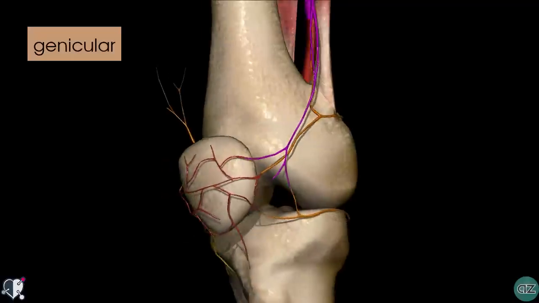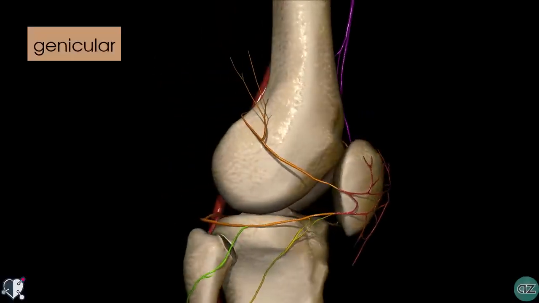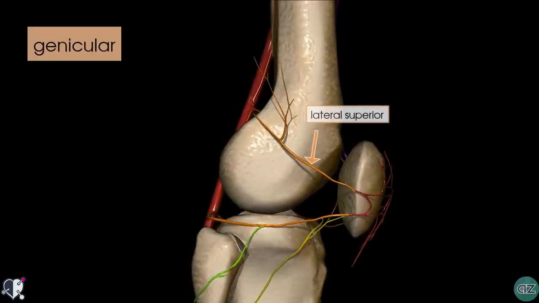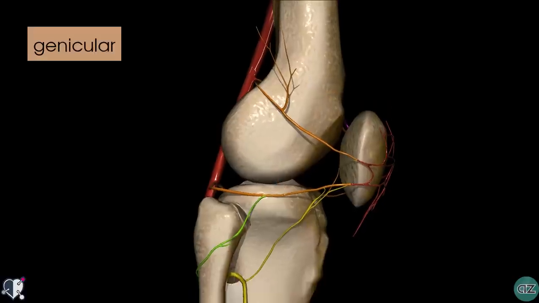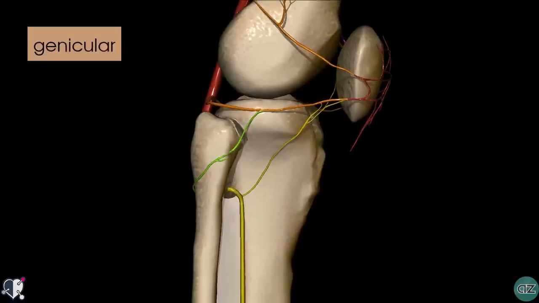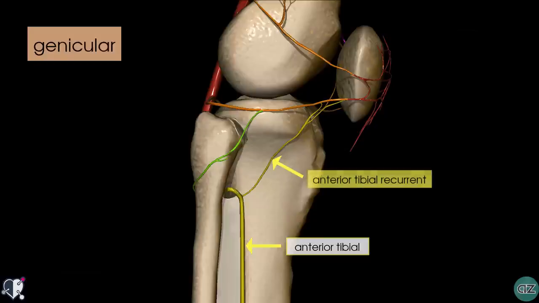And then rotating around to a lateral view, taking a look at the lateral superior and the lateral inferior genicular arteries, we can see that the lateral inferior genicular artery receives two branches. In this model you can see anteriorly it receives this branch which comes off the anterior tibial artery, known as the anterior tibial recurrent artery.